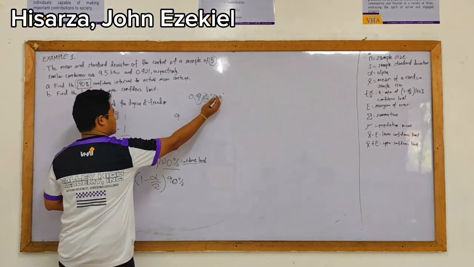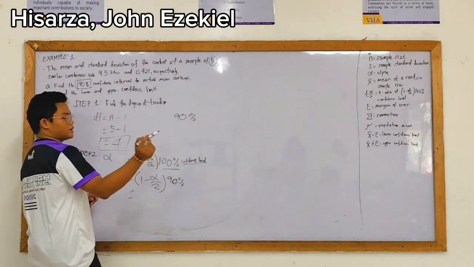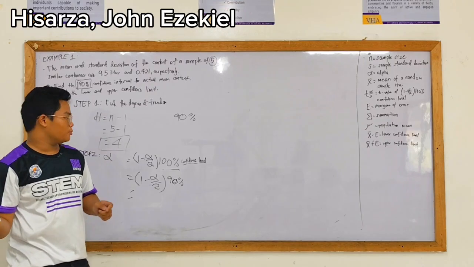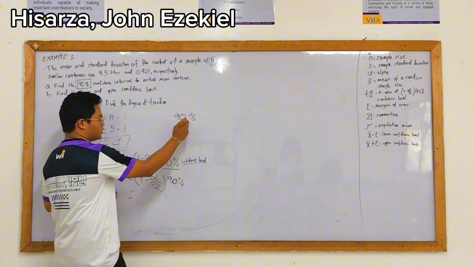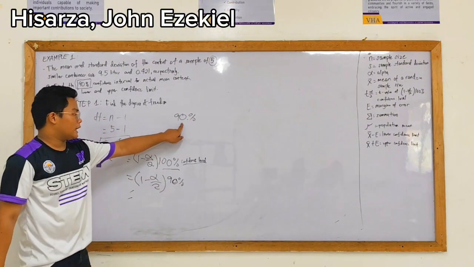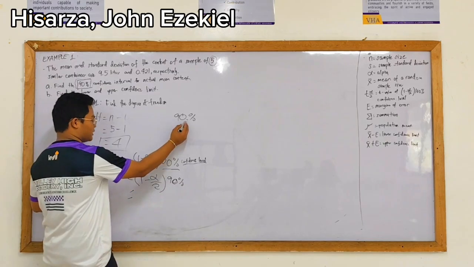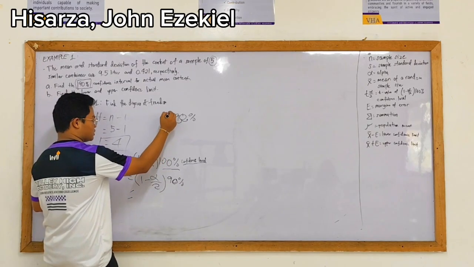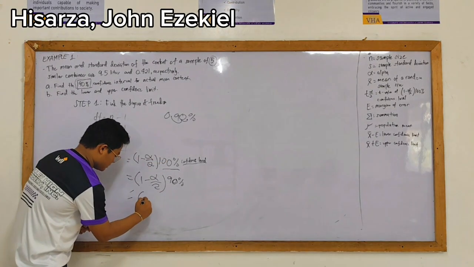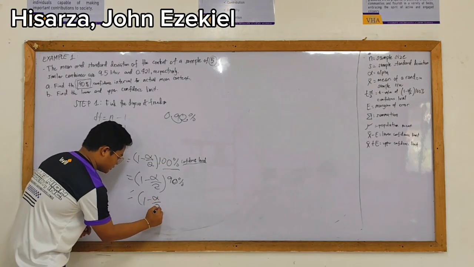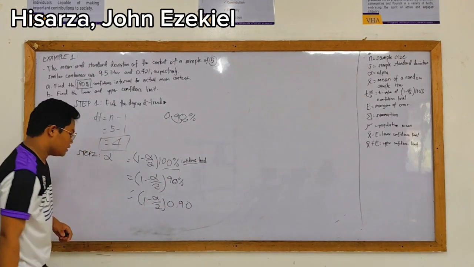As you can see here, 90%. As you all know, if a number has a percent sign, the decimal point is at the last digit, so we just move it two steps. So our expression now is 1 minus alpha over 2 equals 0.90.